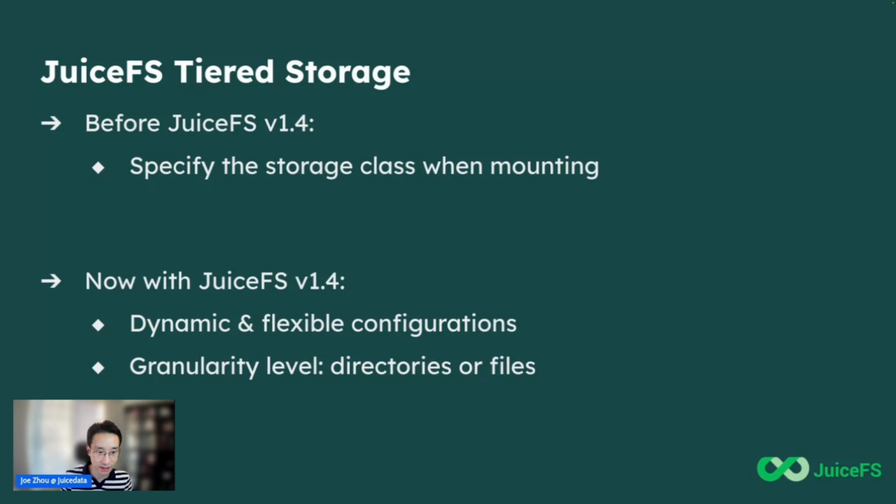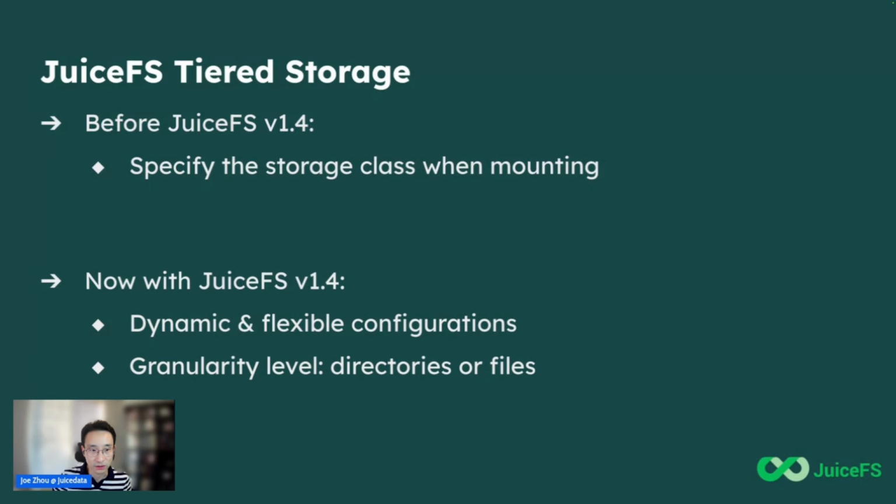But now with JuiceFS 1.4, we have more flexible and dynamic configurations, and we push the granularity down to directories and files. So you have granular control of your directories and individual files, deciding where you want them to reside in the object store.